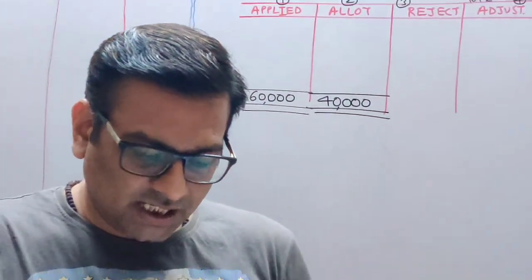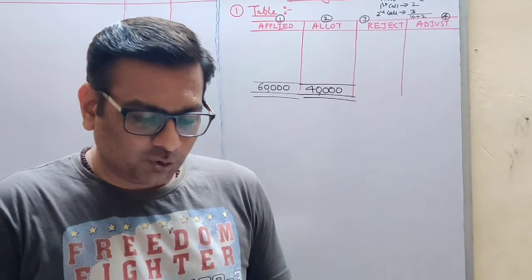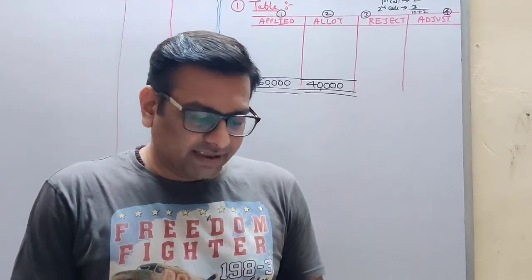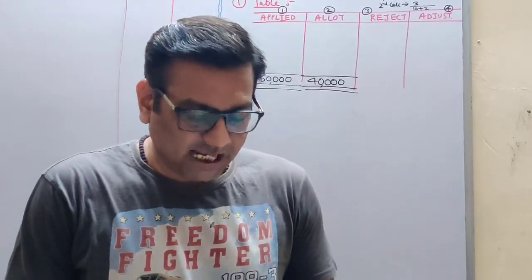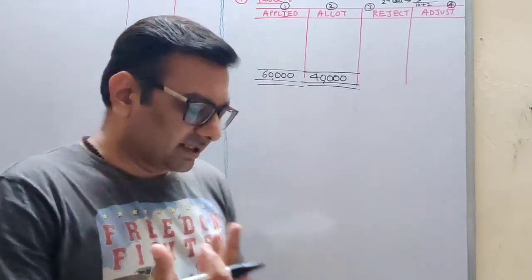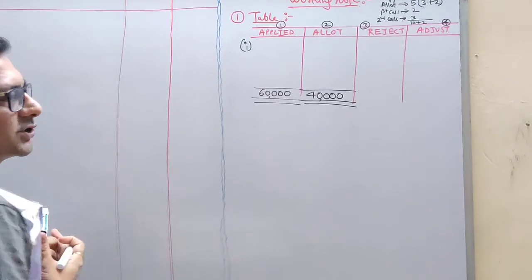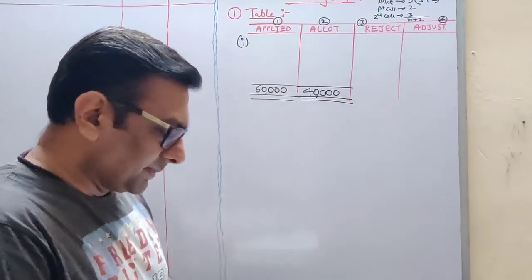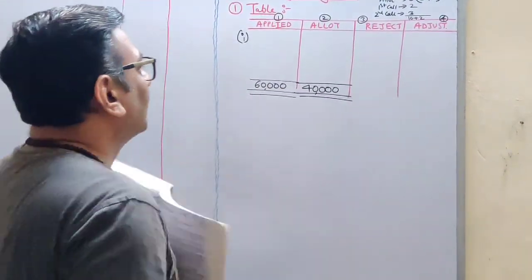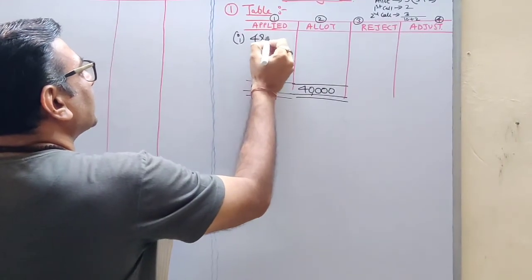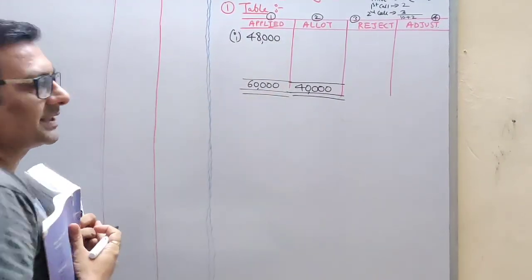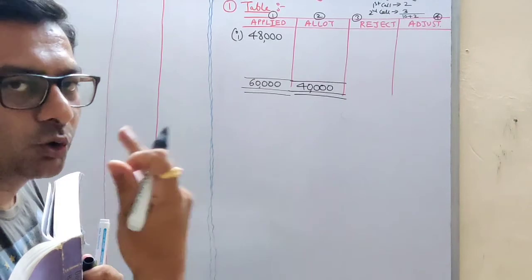Allotment was made on pro rata basis to the applicant for 48,000 shares, and the remaining applications being refused. So what is the first category? First category is of pro rata. So how many applications were under pro rata? 48,000 shares. 48,000 shares were under pro rata.